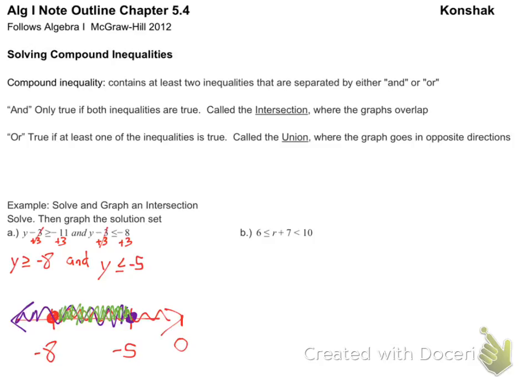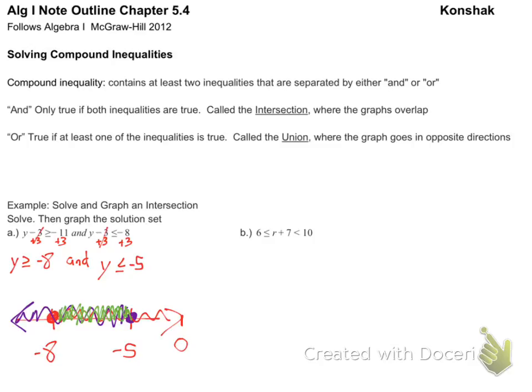Moving on to the second example. This is a compound inequality, but it has no ands or ors. The process is the exact same. Whatever I have to do to get that variable r, which is in the middle, whatever I do to the middle, I have to do to the ends, or the sides.